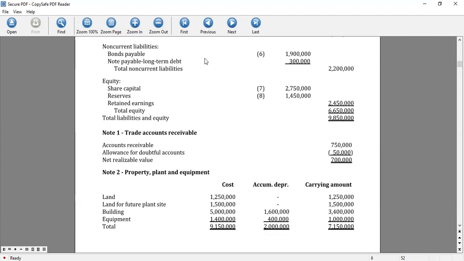Now it's part of property, plant, and equipment, and land of 1,250,000. So the tangible assets, actually the carrying amount as provided in the summary is 7,150,000. That's now for the tangible assets.